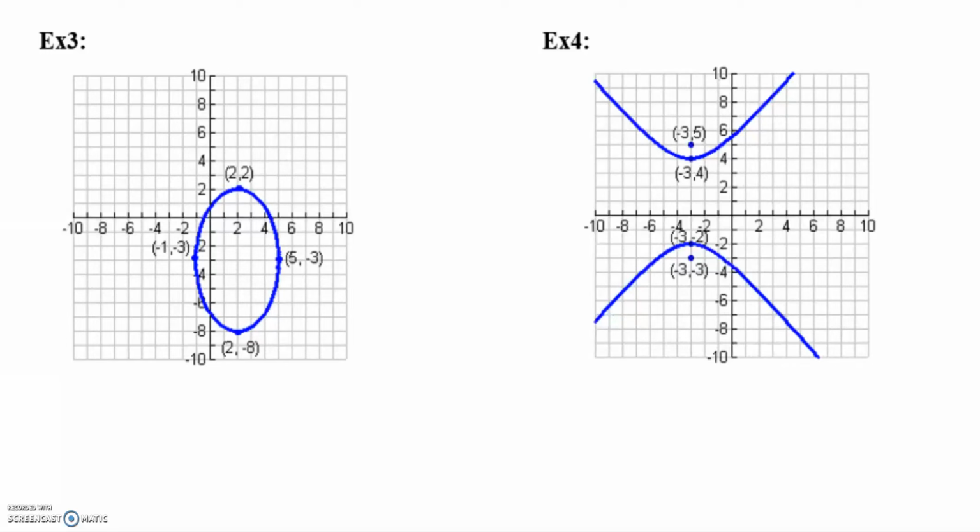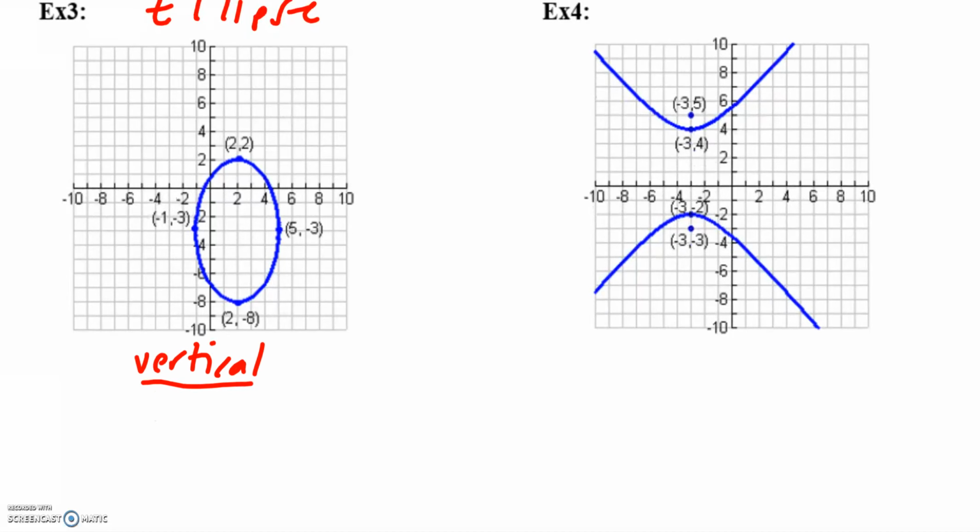Number 3 is an ellipse. And specifically, this is an ellipse that looks a little bit longer top to bottom, which means this is a vertical ellipse. So if I'm thinking about a general equation for a vertical ellipse, what matters, again, the a value is larger for the y this time.